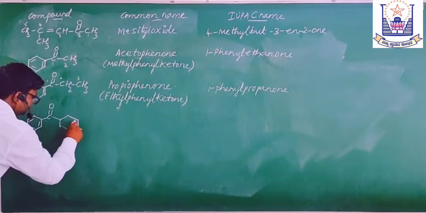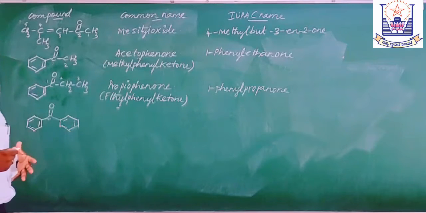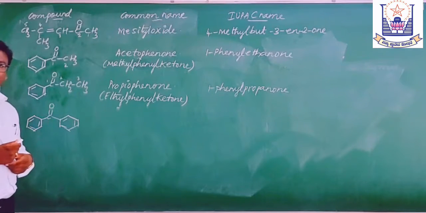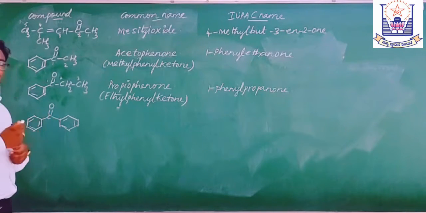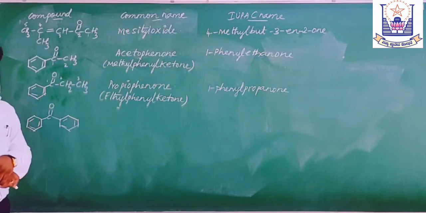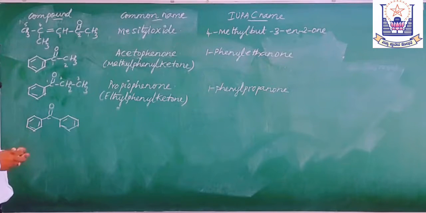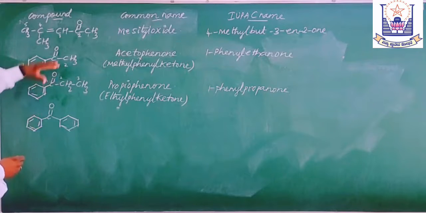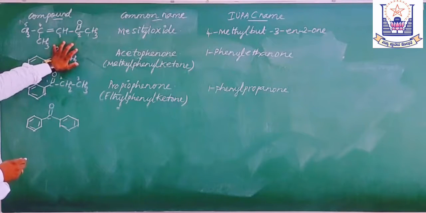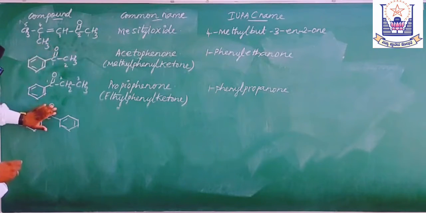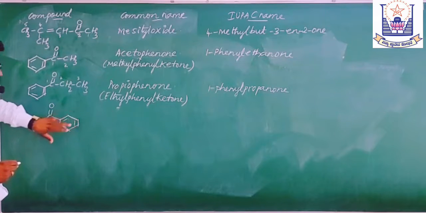For example, a compound having two phenyl groups on the carbonyl carbon. What can we call this? Initially it was called aceto... This is a phenol. This is a benzo, because benzo is there.